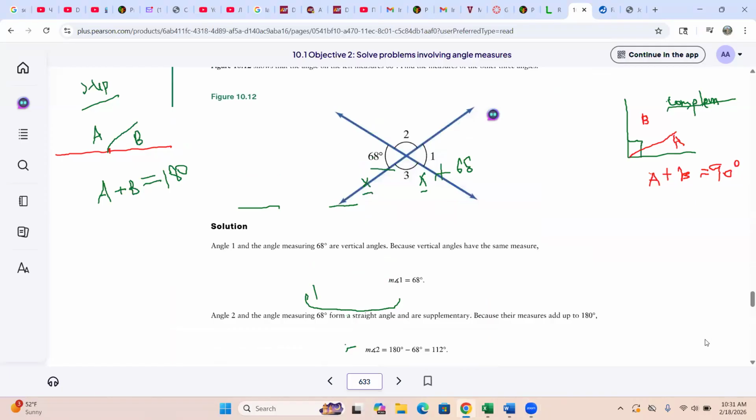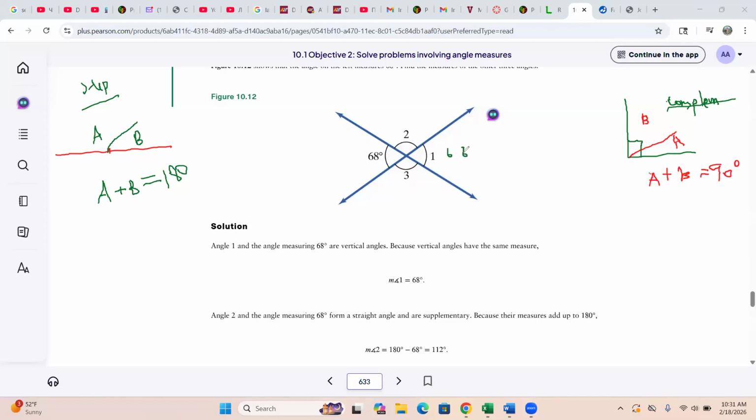So you could do some nice little problems here now. So you can try to find all of those 4 angles that remain. And the one you can find right away is vertical angle. Turns out it is very convenient to see what's the opposite to 68, and that will be angle 1. It is also 68 degrees.